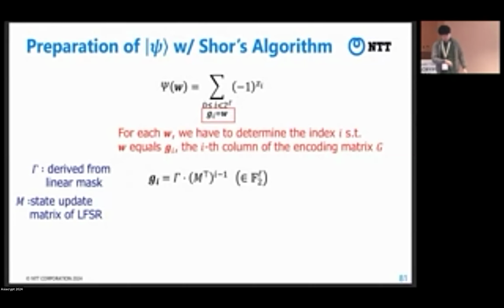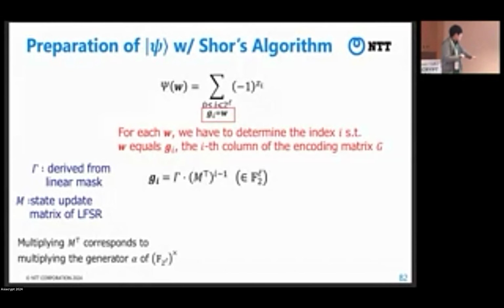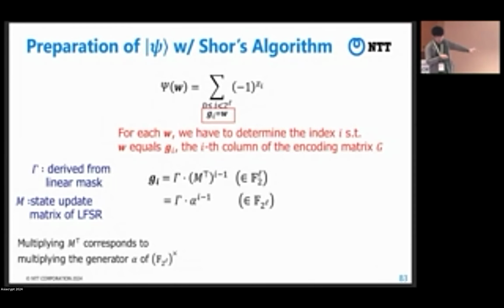And it is well known that multiplication by the transpose of M corresponds to multiplication by the generator element of the multiplicative group of the extension field. This is non-trivial but a well-known fact. By using this, we can conclude that g_i is equal to this value, where the multiplication is taken in the extension field.